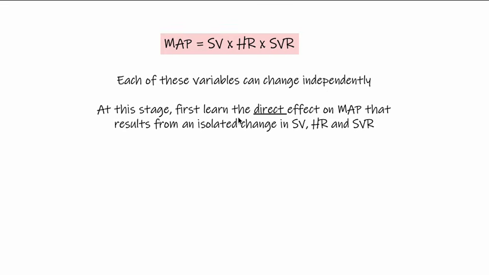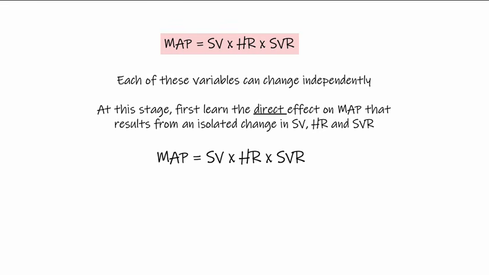At this stage, I want you to learn the direct effect on mean arterial pressure that results from an isolated change in one of these variables. So I'm trying to make this as straightforward and easy as I can for you.